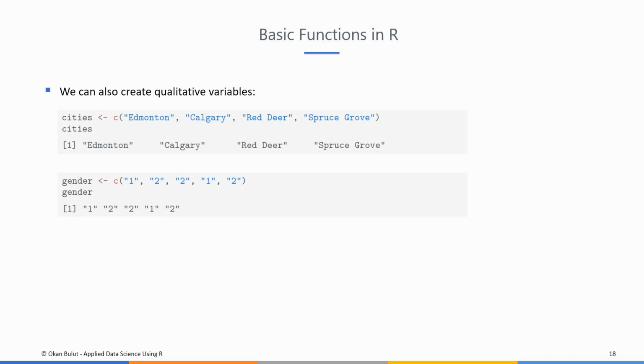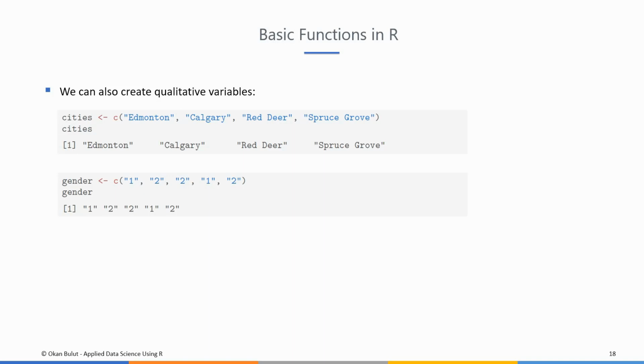The only difference is that if you are typing a text, a qualitative variable like this, you need to use quotations. Otherwise, R will assume that that's a variable name rather than a value. But in this case, Edmonton, Calgary, Red Deer, Spruce Grove are just elements of the variable called cities. So whenever I type cities, it will print out those 4 cities that I defined in it.